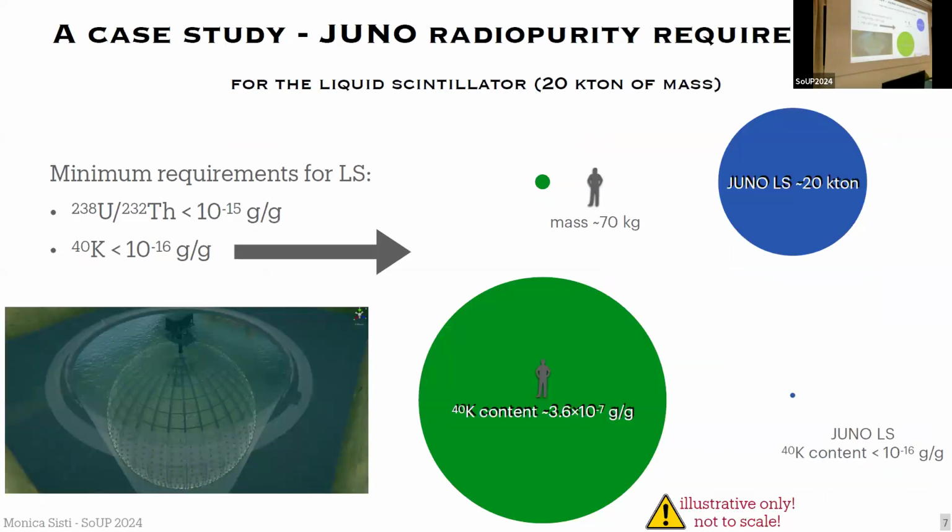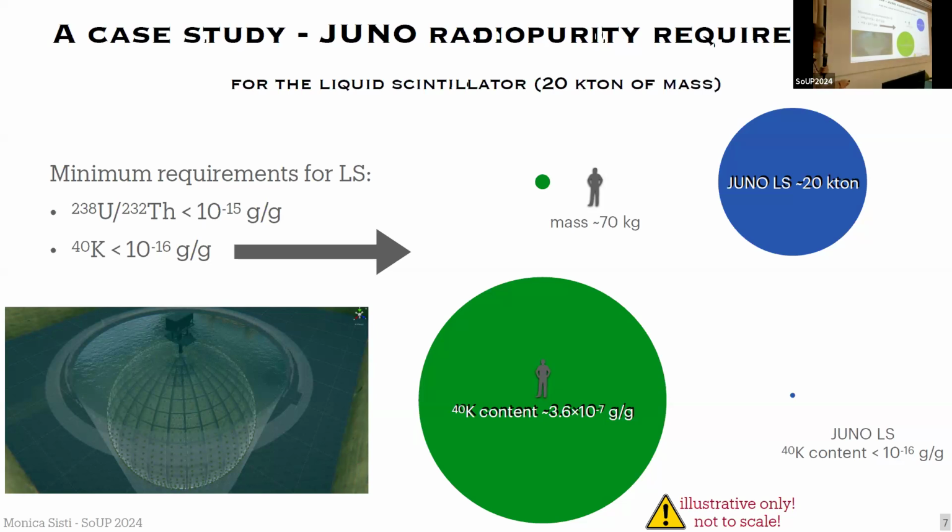And these are the minimum requirements for the liquid scintillator of JUNO in terms of concentration of natural contaminants, uranium, thorium, smaller than 10 to the minus 15 gram per gram. This is the minimum requirement for solar neutrino. We need to go at least orders of magnitude lower than this number. And potassium-40 is 1 order lower the requirement in the 20 kiloton of liquid scintillator.